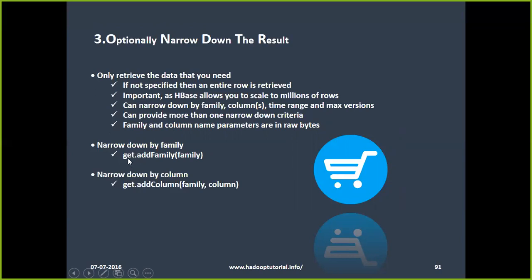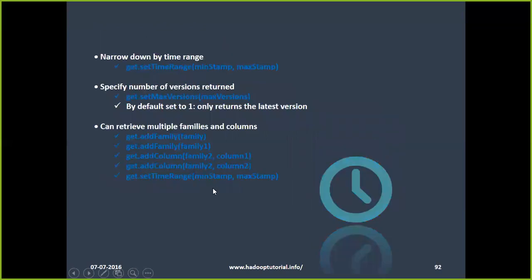So if you want to get only one column family, yes, you can specify get.addFamily with the family name. And if you want to further narrow down your results, and instead of the entire family just need one column, you can specify that also. And if you want to specify the time range, you can use the setTimeRange method, giving the minimum timestamp and the max timestamp.